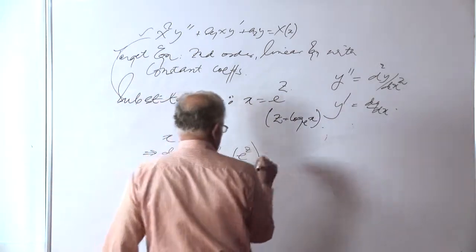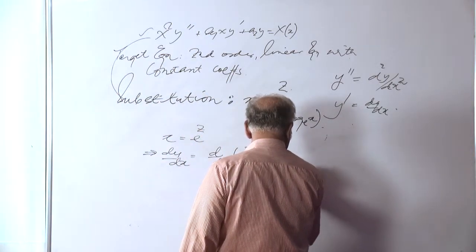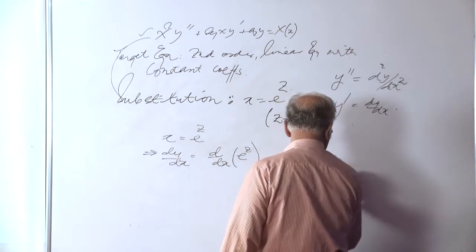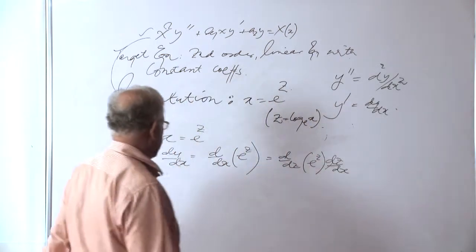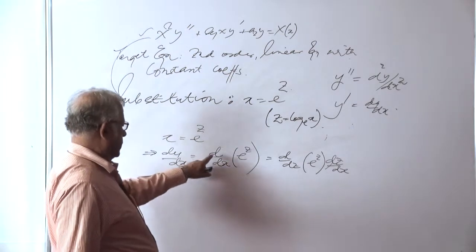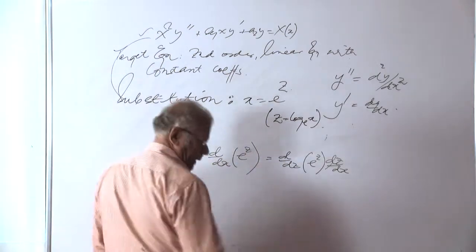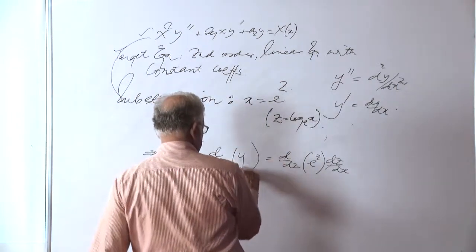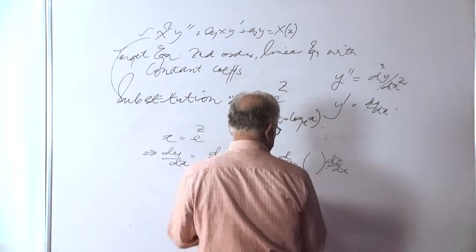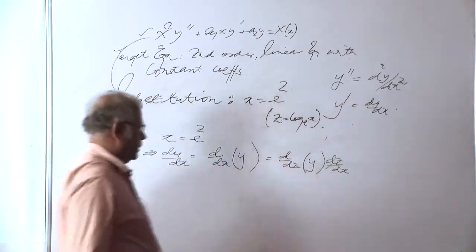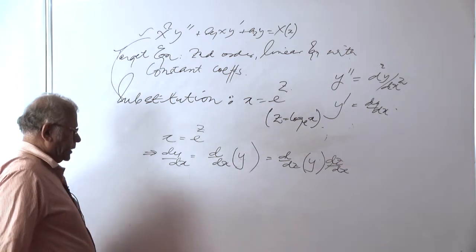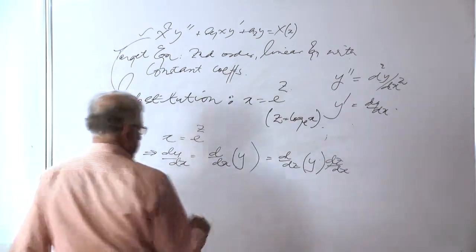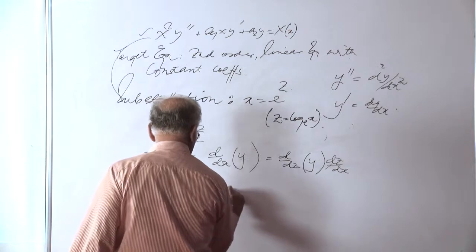So dy dx is d dx of y, which is d dz of y into dz dx. This is the chain rule. That means this is equal to dy dz times dz dx.